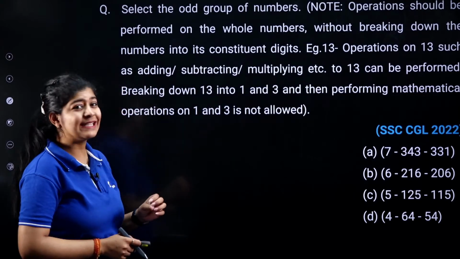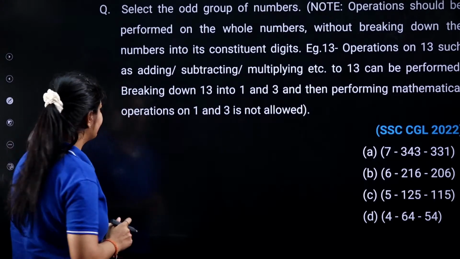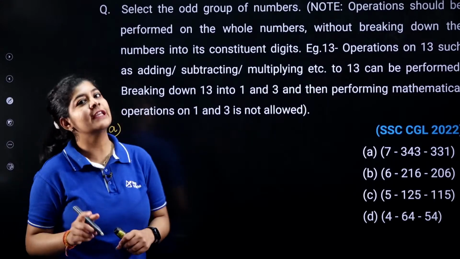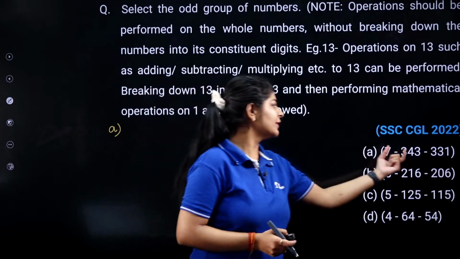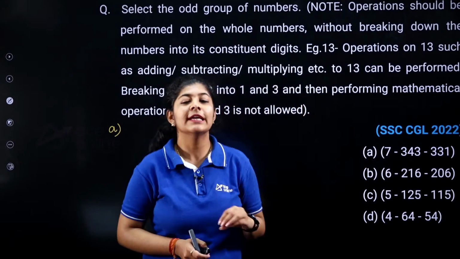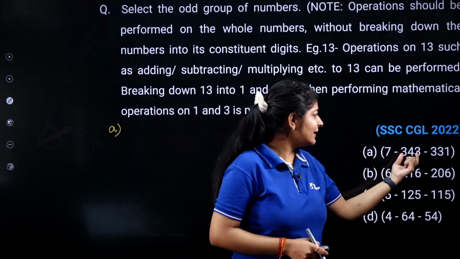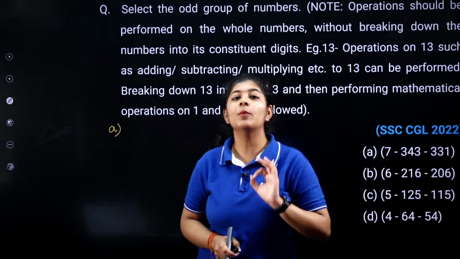Okay, let's start solving with option A. Option A says 7, 343. When I come to this particular number 343, it reminds me that this number is nothing but the cube of 7.